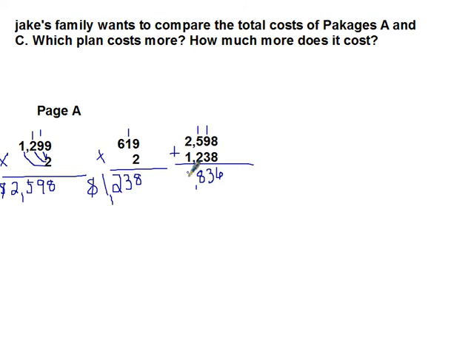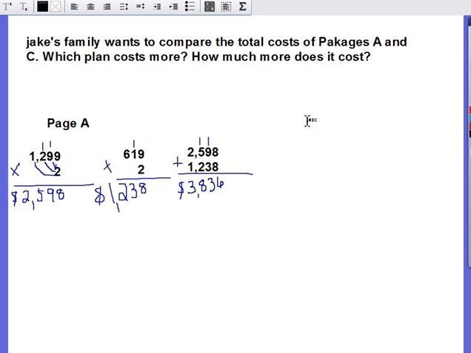Okay, 2 plus 1 is 3. Okay, so it's going to cost them a total for package A, $3,836.